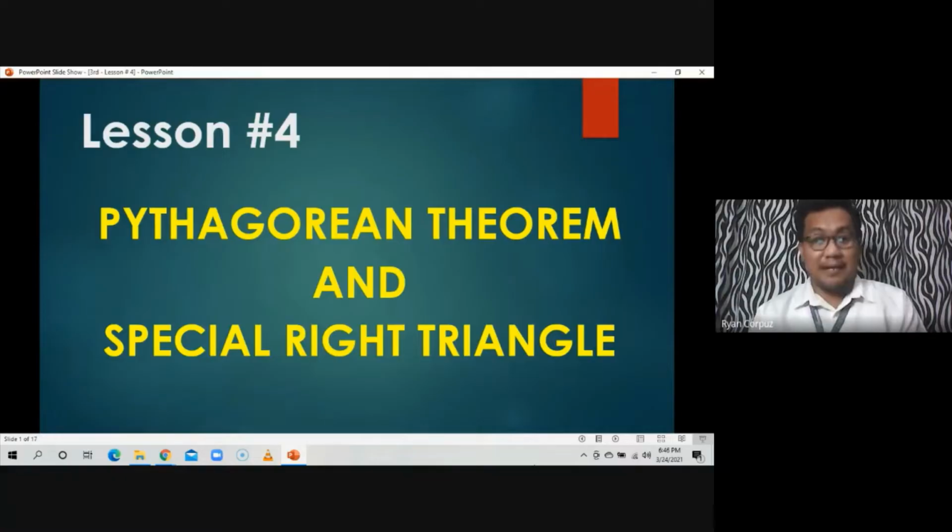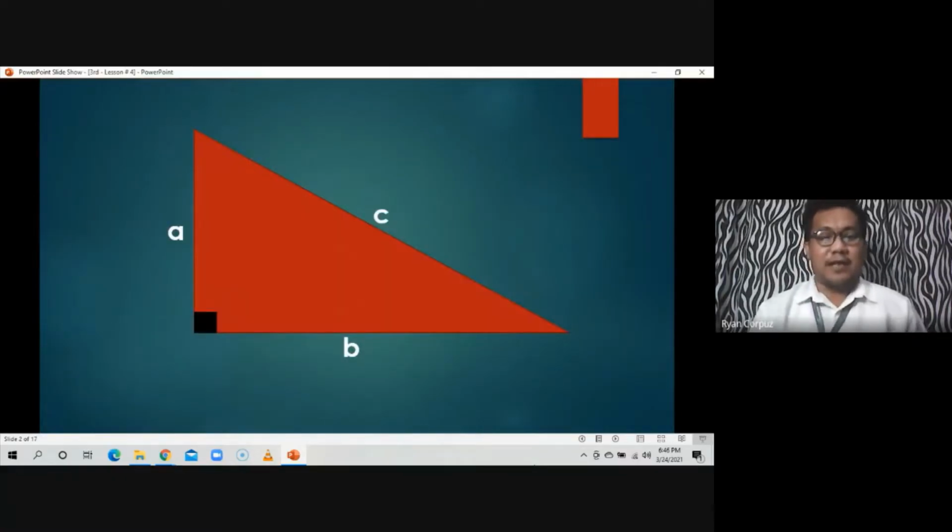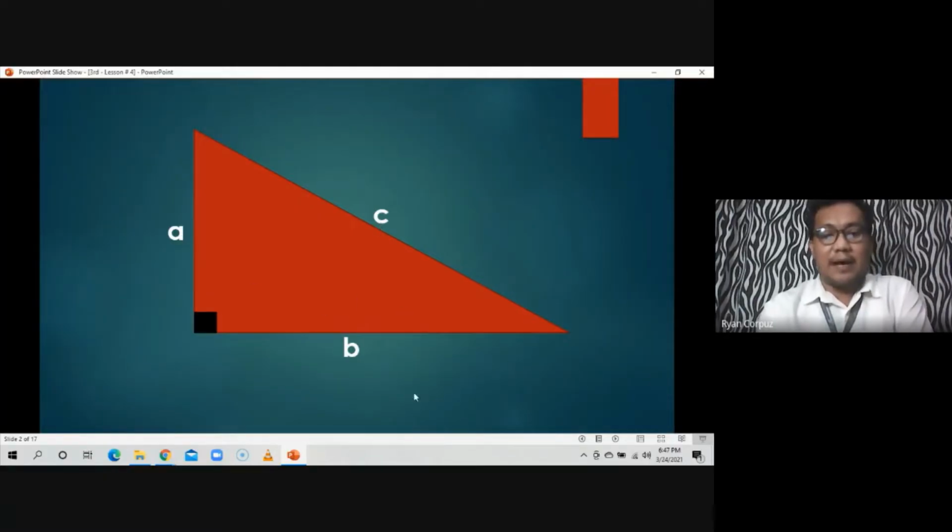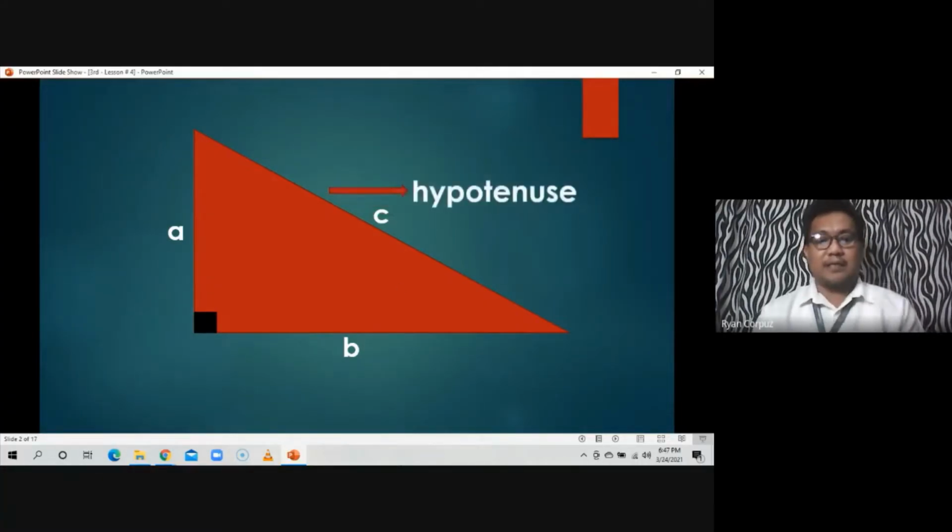So, umpisa na natin. So, let's start it with this given right triangle. So, right triangle with this side as A, this side as B, and this side as C. We know that the longest side in a right triangle, which is the C, is what we call as the hypotenuse. So, right triangle lang yung tinatawag nating hypotenuse. So, the longest side in a right triangle is what we call as the hypotenuse.